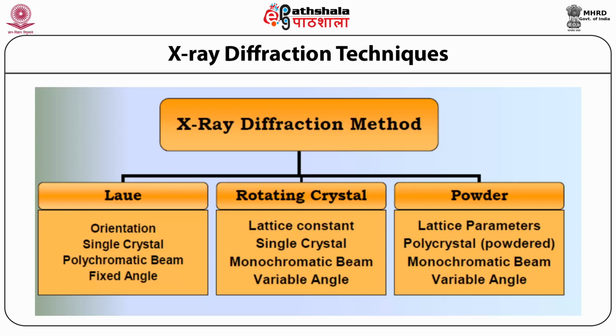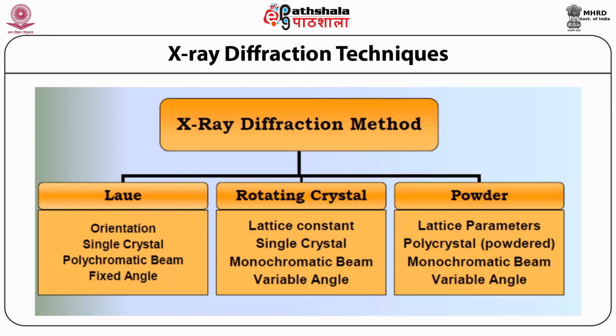That is the characteristic geometry of the Laue pattern: we take an X-ray beam which is not monochromatic and has a range of wavelengths, put a single crystal at some orientation, and obtain a diffraction pattern on a plate, from which we try to find the orientation of the crystal.